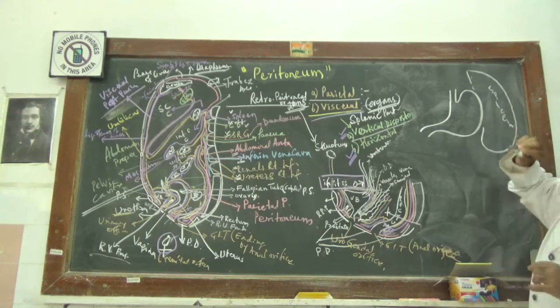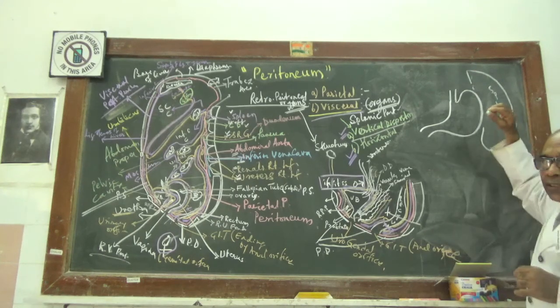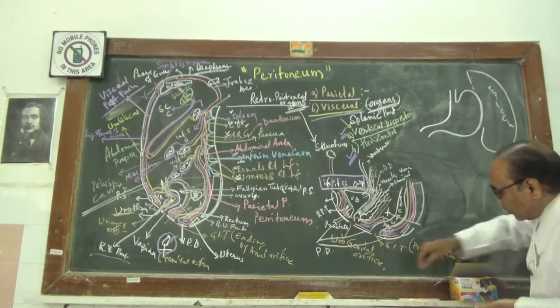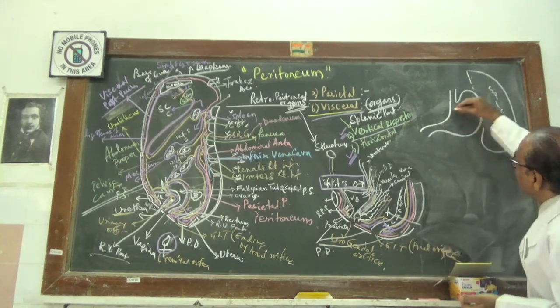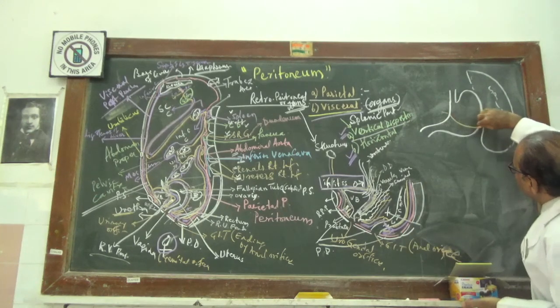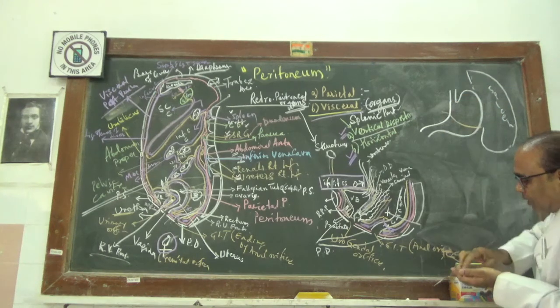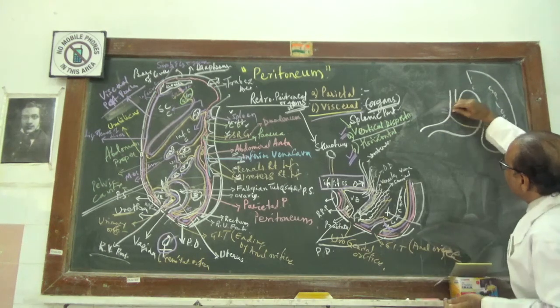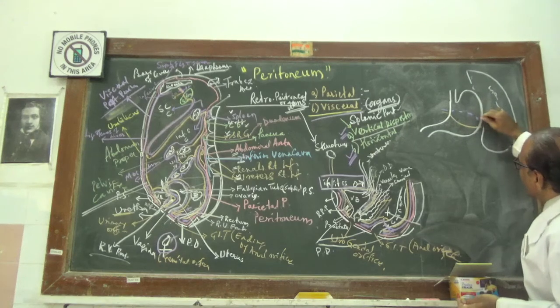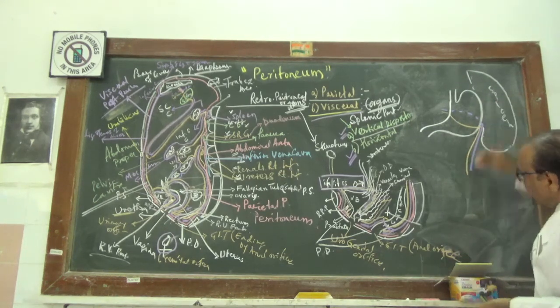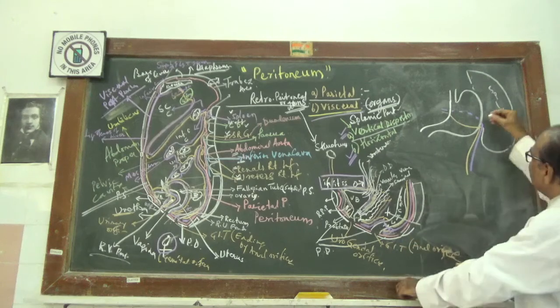there will be one ligament behind the greater omentum, which is formed by the ventral flap of the lesser omentum as well as the dorsal flap of the lesser omentum. Behind this you will have one ligament.